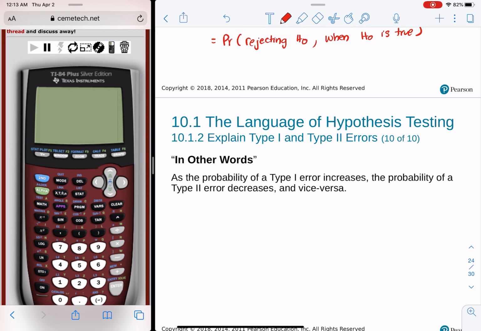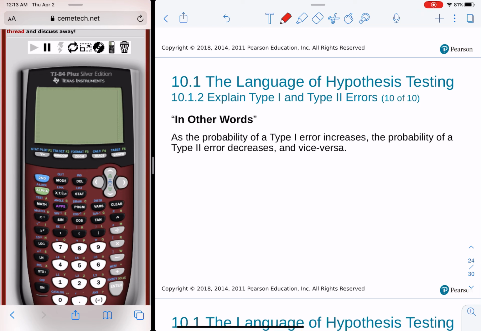So there is a perfect balance between type 1 error and type 2 error. If the type 1 error increases, then the probability of type 2 error would decrease. If the type 2 error increases, the type 1 error would decrease. In other words, we can't have it all. At any given time, there is going to be one of these two errors occurring in our study, because the reason here is sample variability.